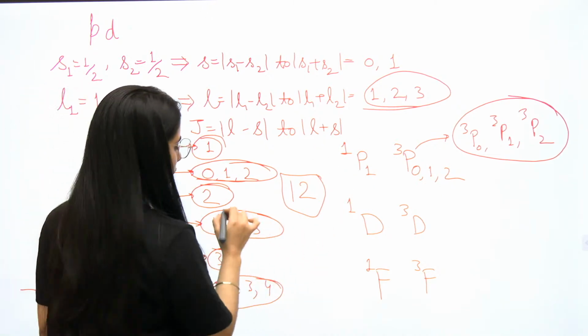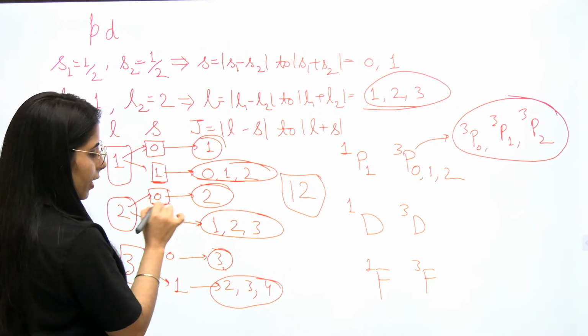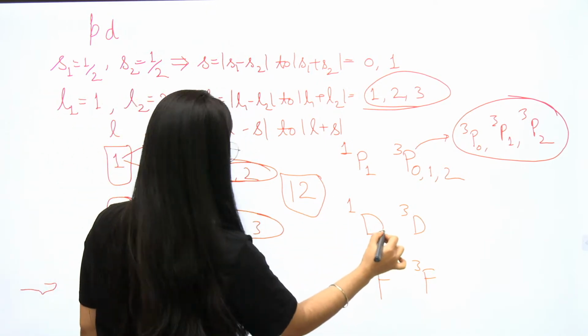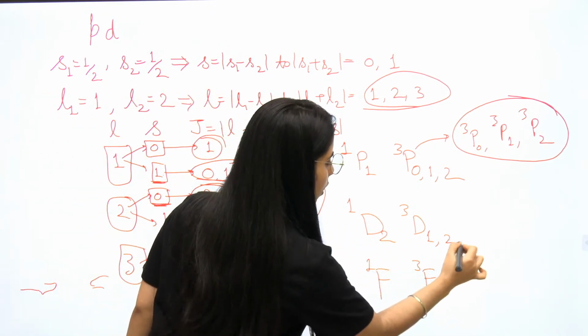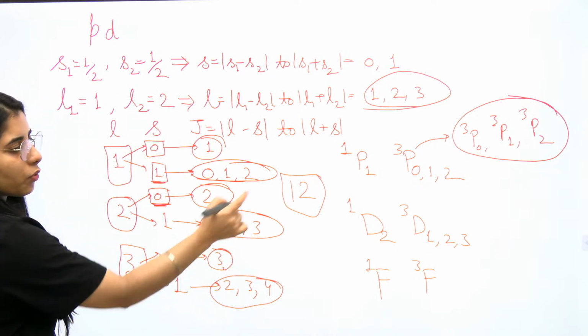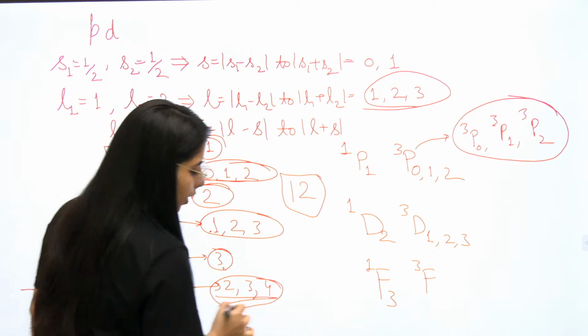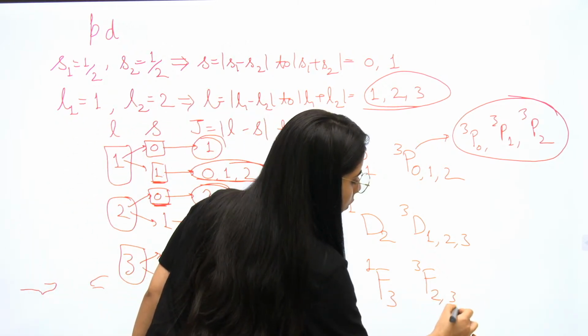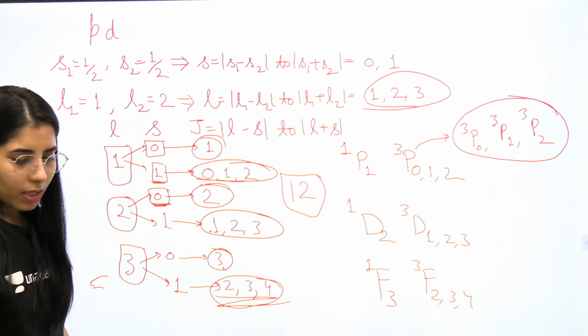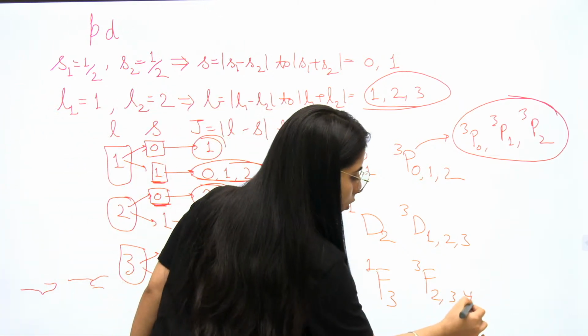Clear? Then 1D, for spin 0, 1 D2, and for spin 1, 3D1, 2, 3. The corresponding J values are written. Then 1F3, and 3F2, 3, 4. So now you can count the total 12 terms in this way. Okay, that's how you are going to get it.